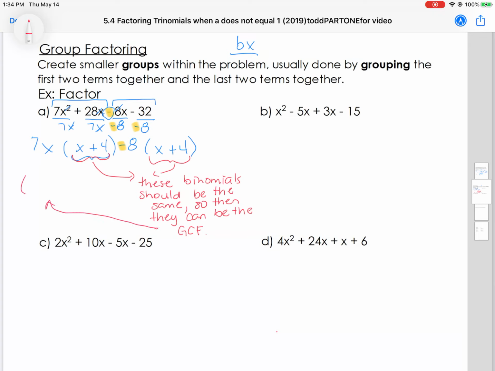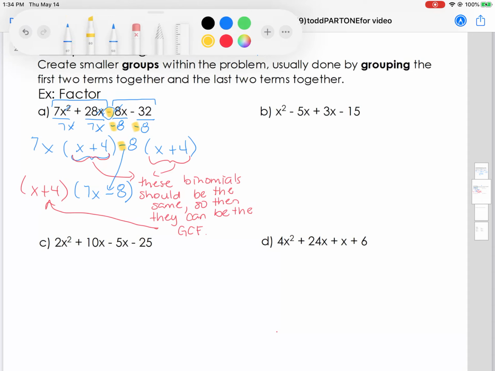So I'm going to write that over here, x plus 4. And then you write what's left, 7x, and then keeping that negative sign. So if you want to highlight that as well.